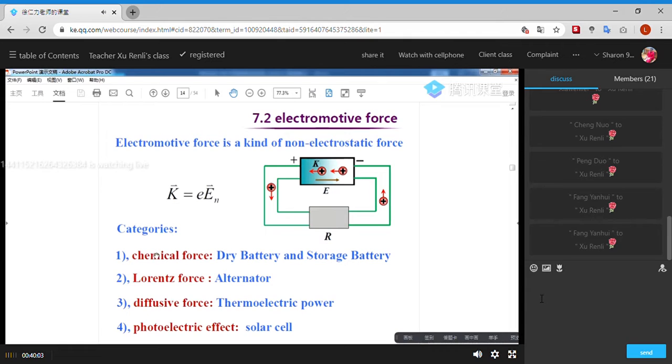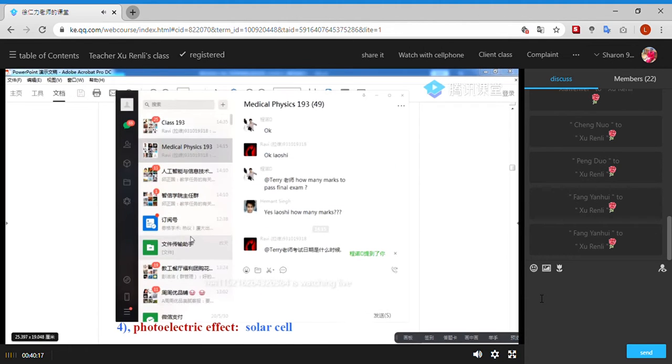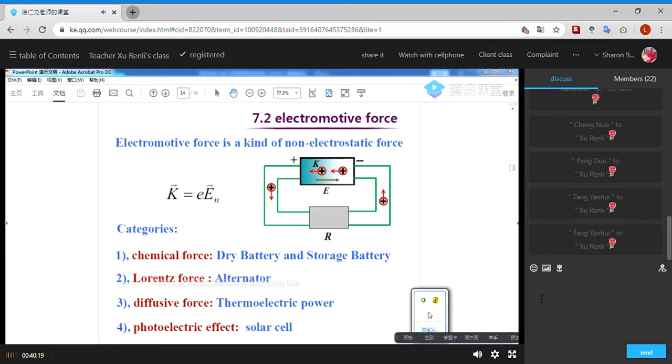Here are several kinds of non-electrostatic force, like chemical force in battery, Lorentz force in water power station, diffusive force in the thermoelectric power, or photoelectron effect in solar cell.